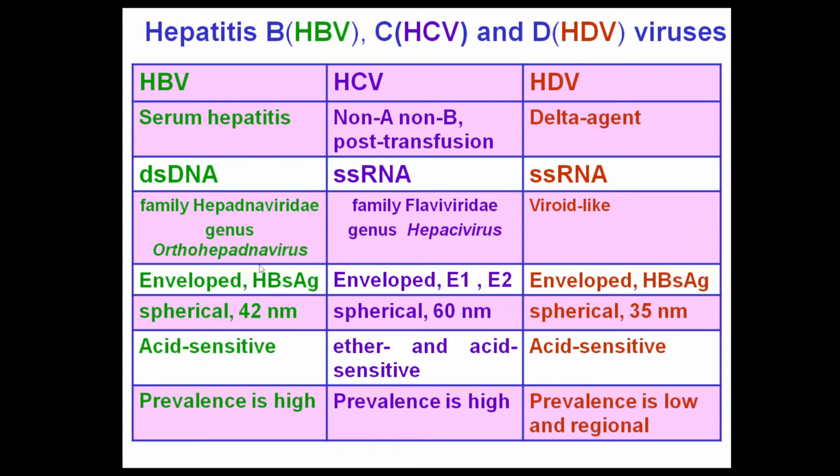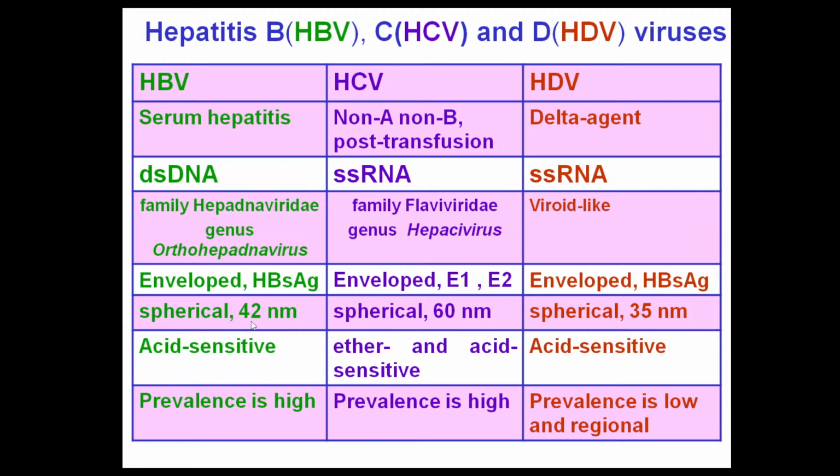Out of these, three are all enveloped hepatitis viruses with different sets of surface glycoproteins that will be discussed in a particular place when we discuss the particular hepatitis viruses. So they are all of small size.